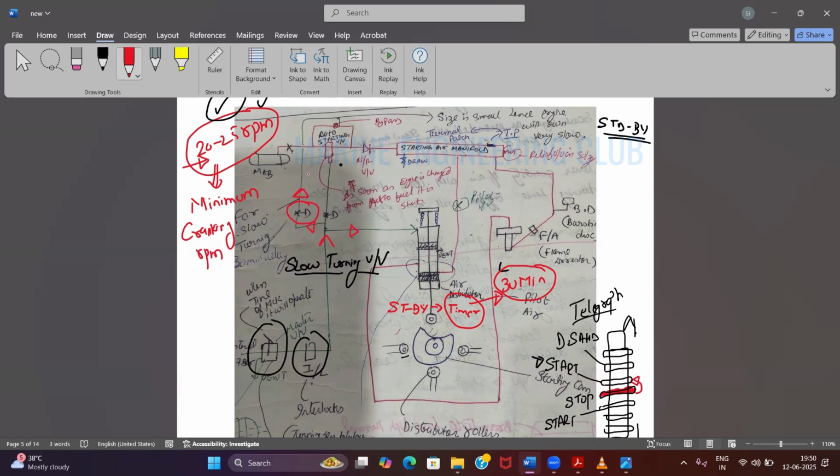First kick means only slow turning pressure will go, and it will open the slow turning valve. The slow turning valve will be open, and you see the line of the slow turning valve will be smaller.